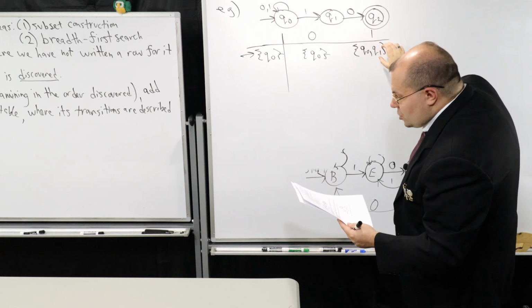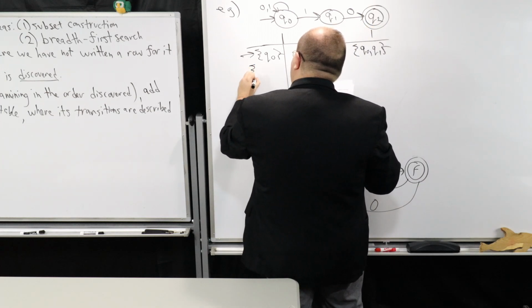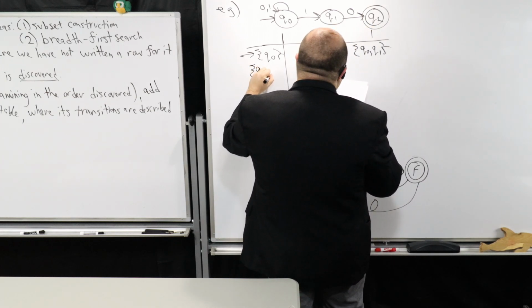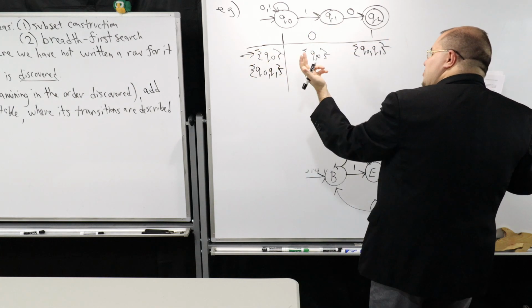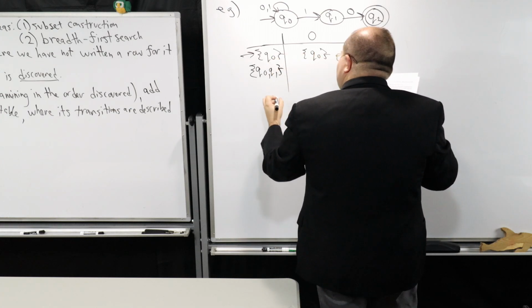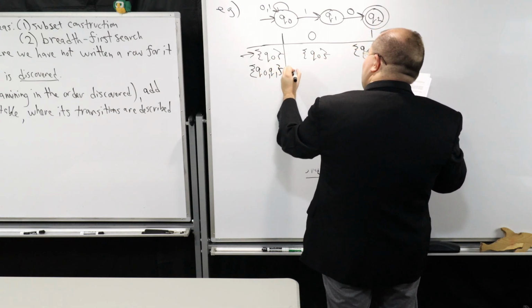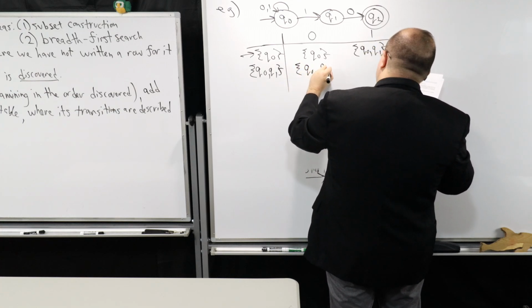So I'm going to write a row for Q0, Q1, because I haven't done that one yet. I'll label it as discovered. Q0 has already been done. It has a row for it, so I just look in the row. So I have Q0, Q1. Now, just for the sake of time, I'll just write out Q0, Q2.